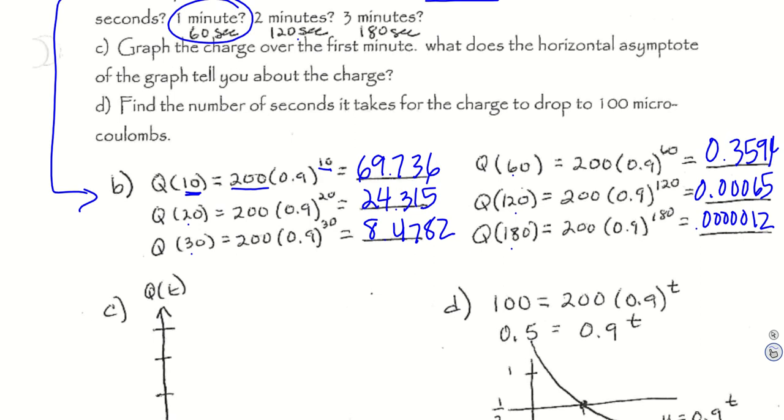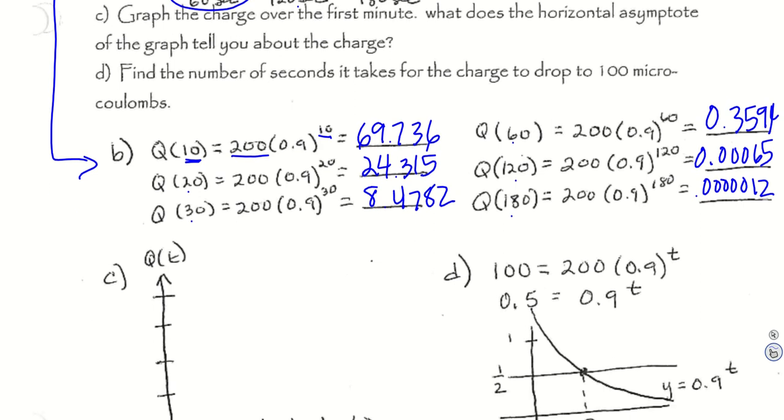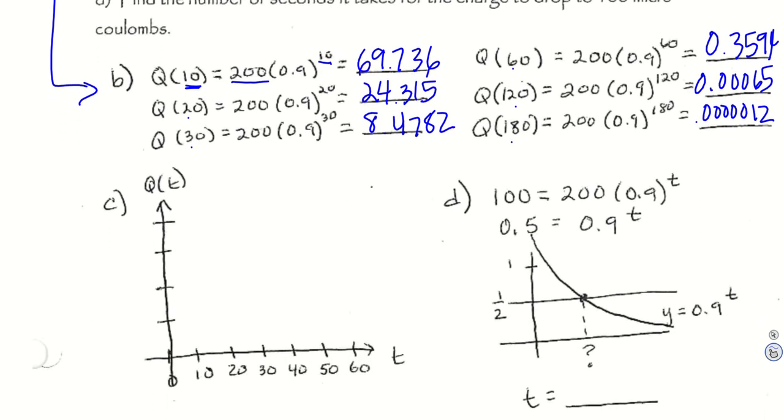Okay, for C, we're supposed to graph that charge over the first minute. So we would have a horizontal axis for T, going from 0 to 60, and then Q of T is going to be in microcoulombs.